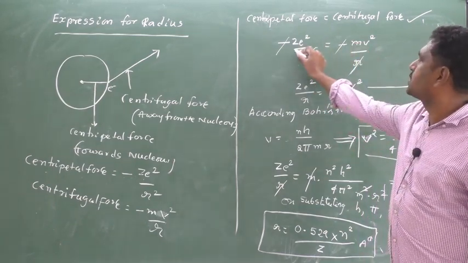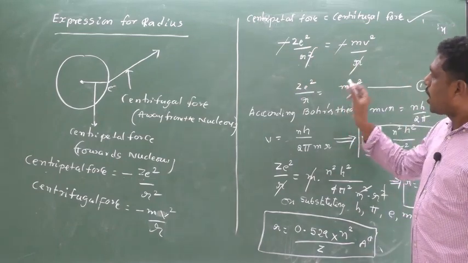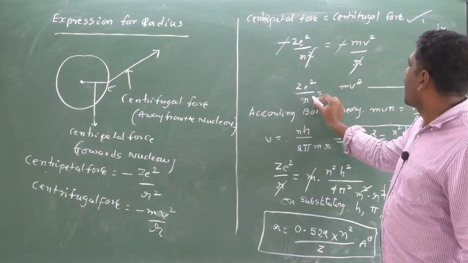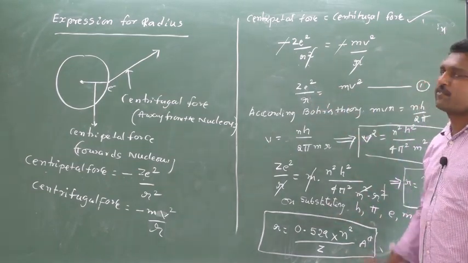So this minus will get cancelled, and this R and this square also get cancelled. After that, Ze square by R equals mv square. This is one of the equations.